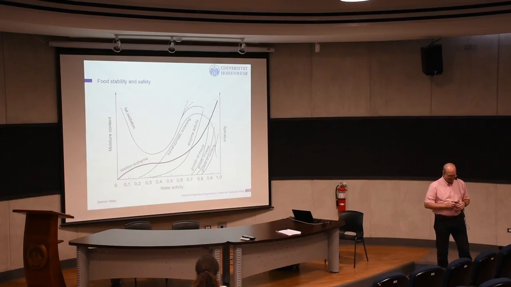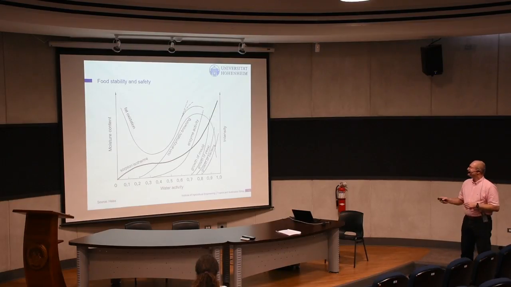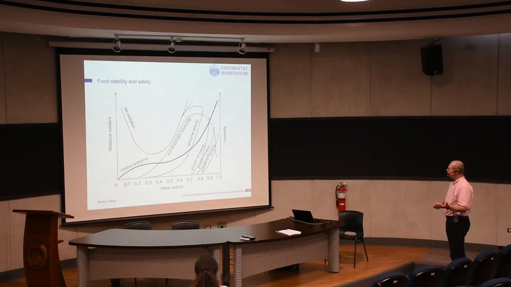And now, this story here. We have the water activity from 0 to 1, or from 0 to 100% when you would like to express it in relative humidity. That's also common, either using water activity AW or relative humidity. And we see the other axis, the moisture content of a product, and then you see this fat line. This fat line is the equilibrium between the moisture content of the product and the water activity.